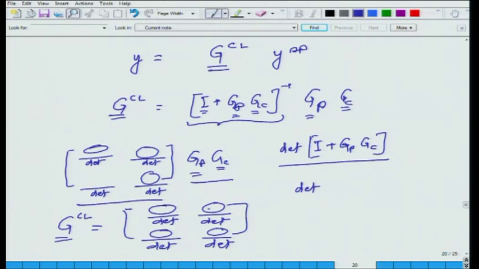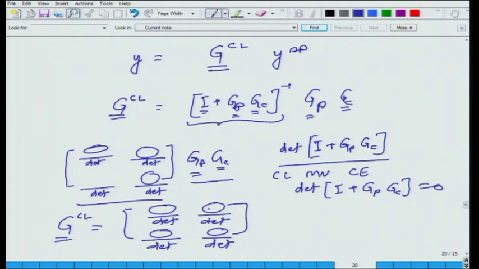This determinant is common to all the 4 transfer functions. So, the closed loop multivariable characteristic equation is determinant of I plus GPGC is equal to 0.